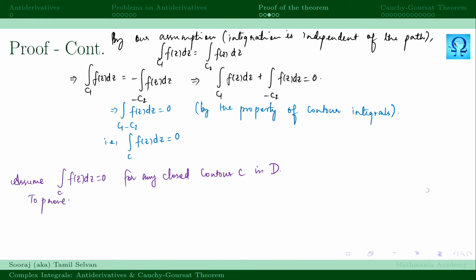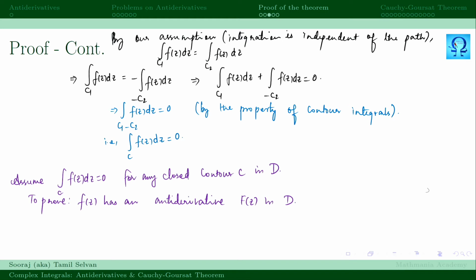We will have to prove that f(z) has an antiderivative, which we call big F of z, in D, meaning it completely lies inside D. This is what we'll have to prove.